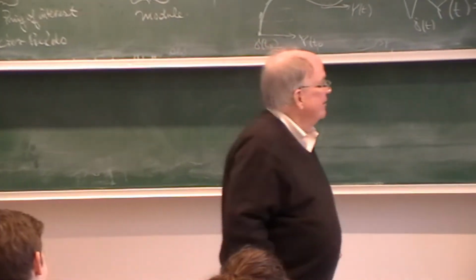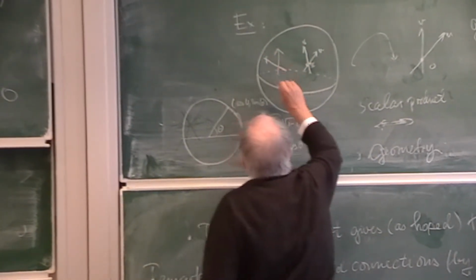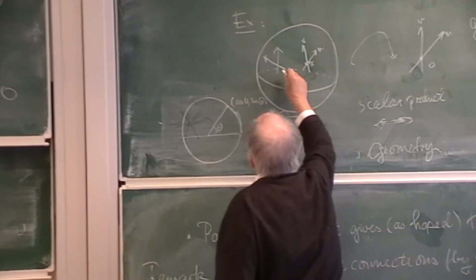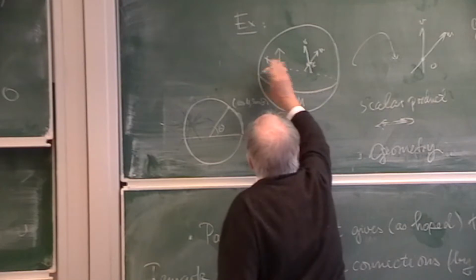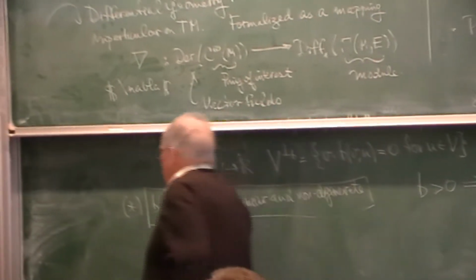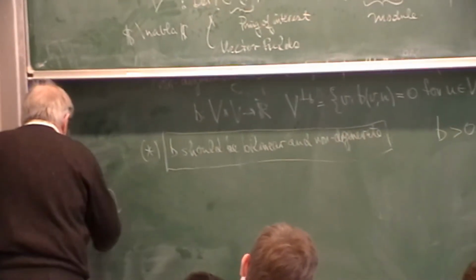You have a tangent space here and a tangent space there. You have two different vector spaces. You would like to say they're more or less the same, but somehow the metric is changing as you move. So Riemann said this.